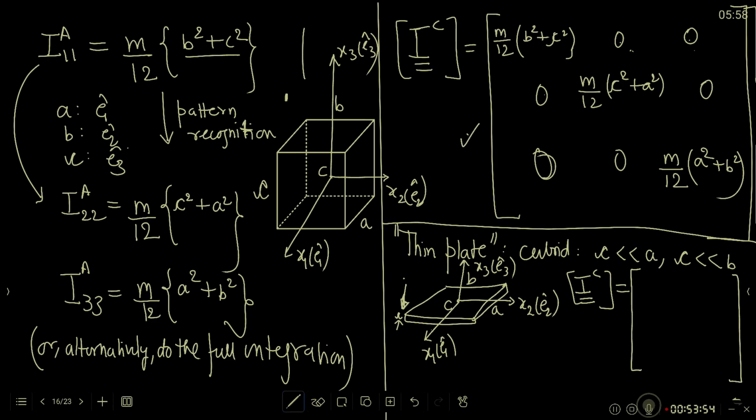You will get this. c is much less than a, so effectively this just becomes a square. c is much less than b, so this effectively becomes M b square by 12. And then there is really no simplification possible here, so this becomes that of a plate.